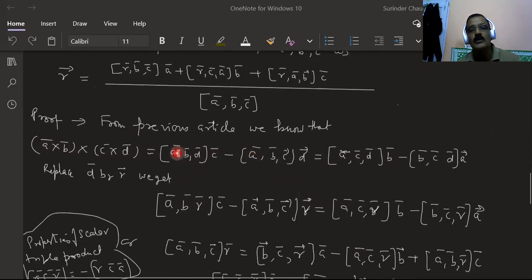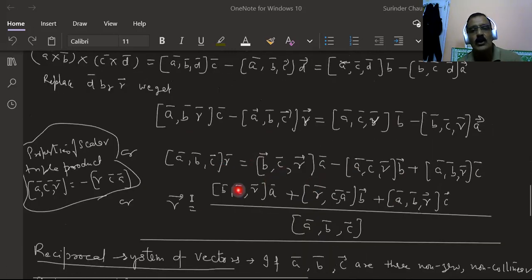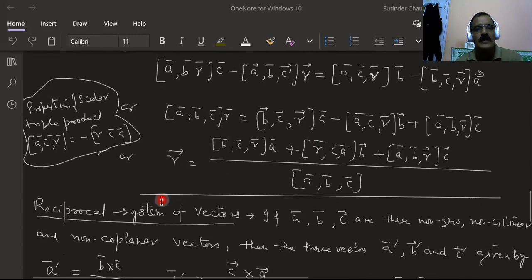Taking this equal to this, replace D by R in this equation and simplify it for R. You get any vector in terms of the three known non-coplanar vectors.